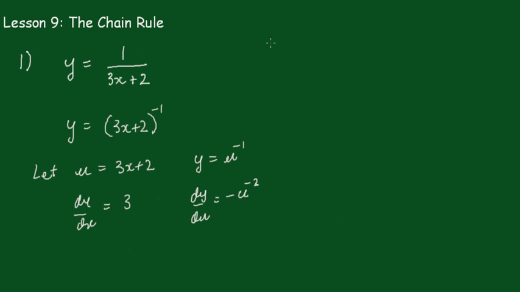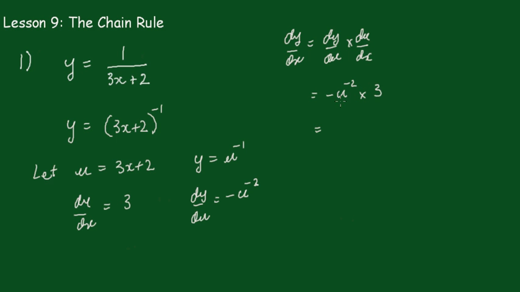Now remember, the chain rule is dy dx equals dy du times du dx. Just remember, the easy way to check this is that these must cancel out and you get back to dy dx. And dy du is minus u to the minus 2, and du dx is 3.